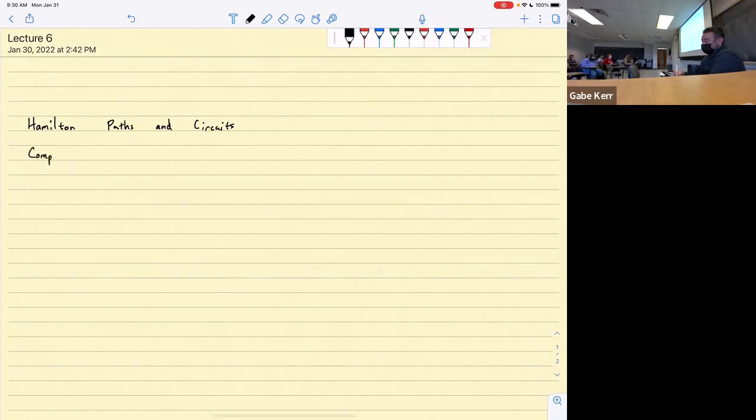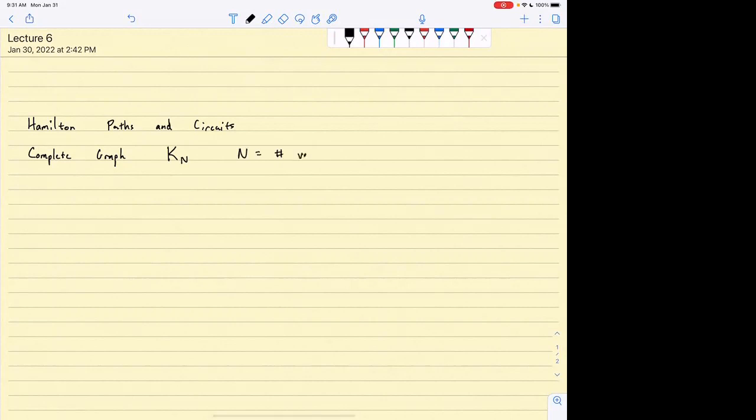In particular, how we could count some things about it, like how many Hamilton paths we had, how many Hamilton circuits we had, and how many edges. And remember the notation for the complete graph, in this case K_n, with n the number of vertices.